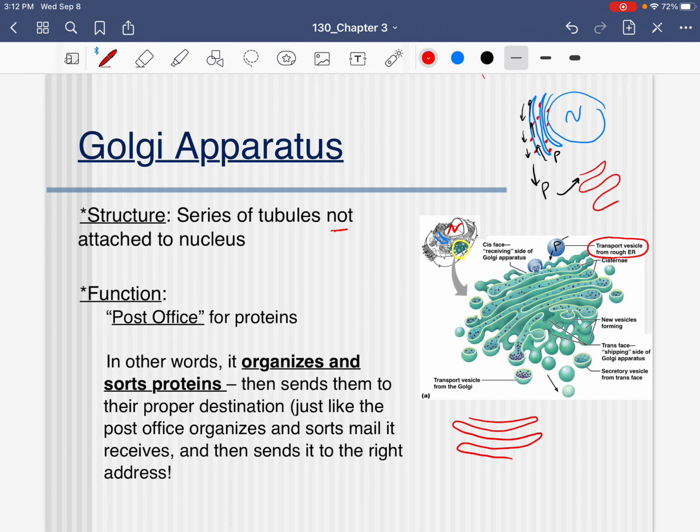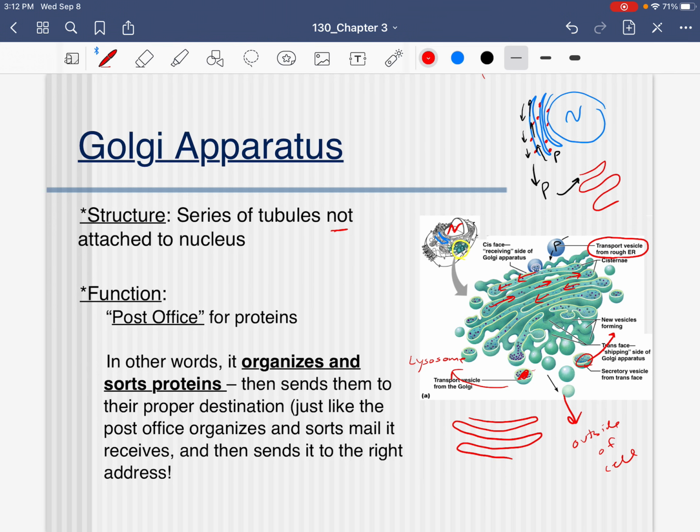Once all the proteins get to the Golgi apparatus, and as those proteins travel through the Golgi apparatus, the proteins get sorted. And see, what happens is, well, some of those proteins we want to send to the outside of the cell. Maybe other proteins, like this one, we want to send to another organelle called the lysosome.